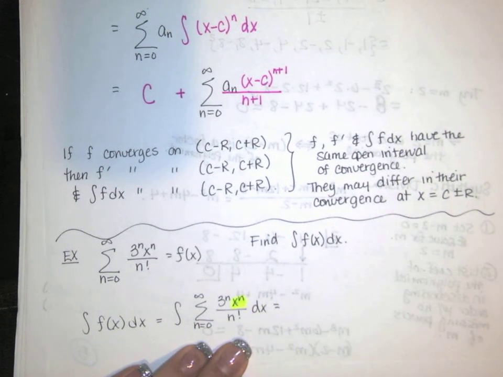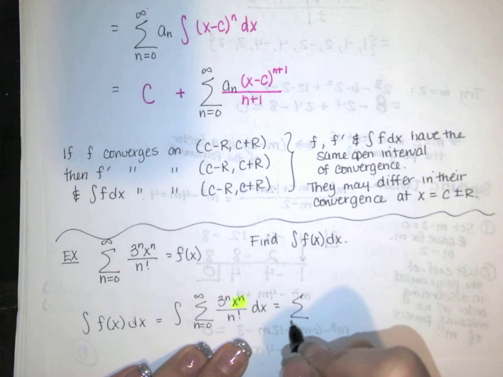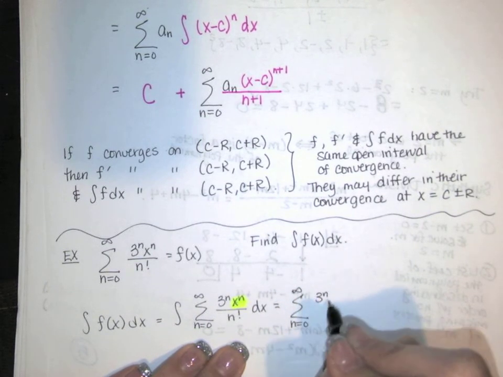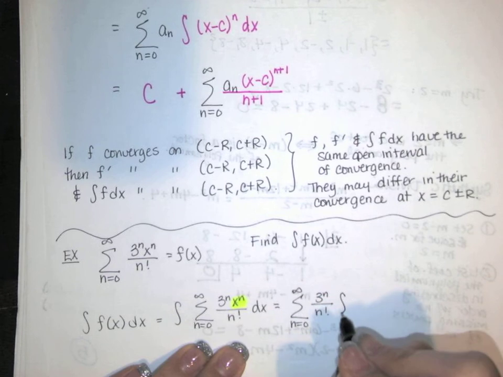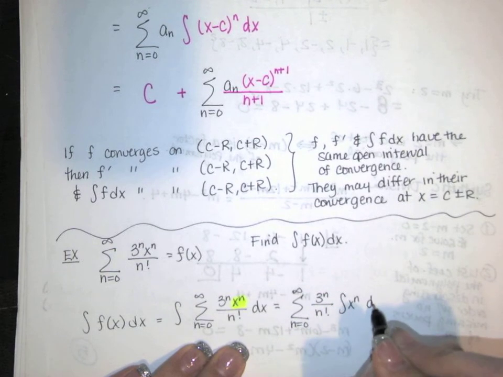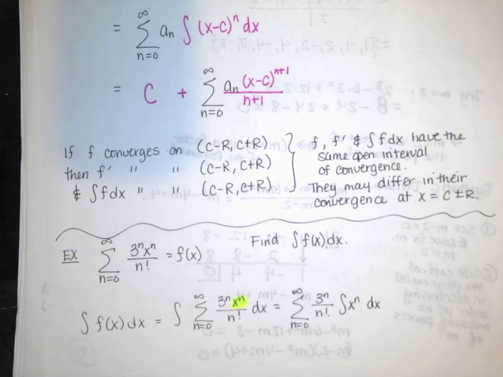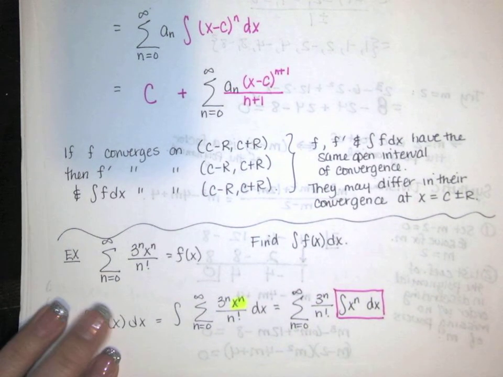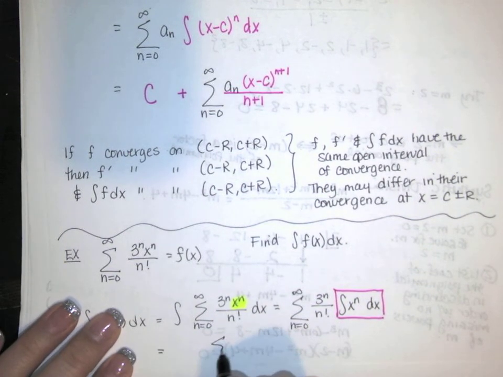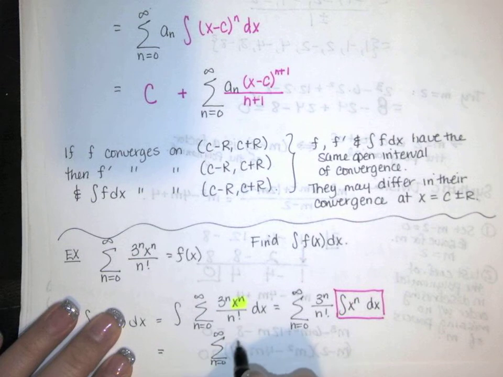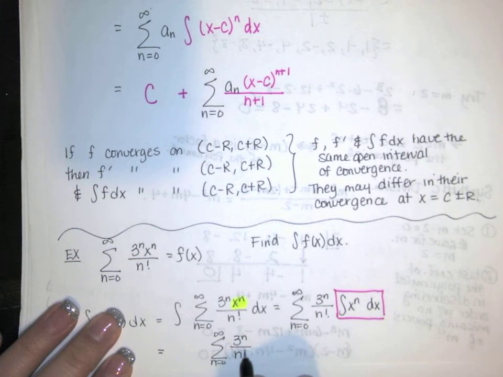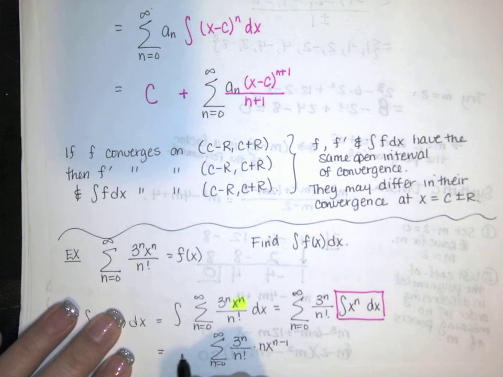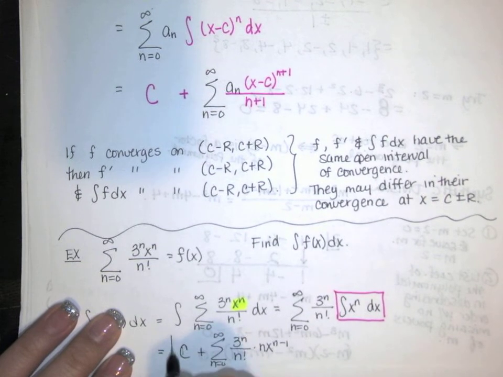And so I get the sum as n goes from 0 to infinity. I bring out my constants, the 3 to the n and the n factorial, and I anti-differentiate x to the n with respect to x. So I'm really just focused right here. And I get this, 3 to the n over n factorial, that's n times x to the n minus 1, and then we have a plus c over here.